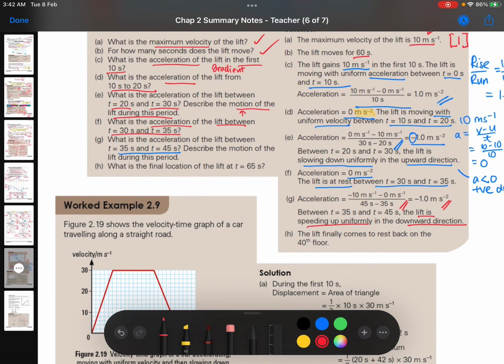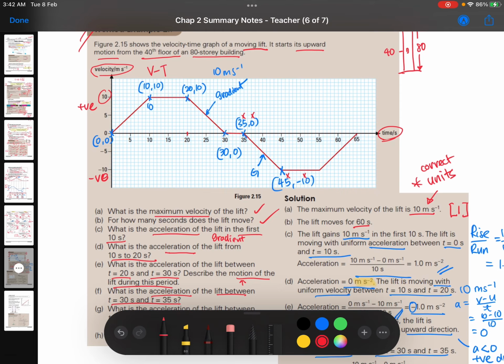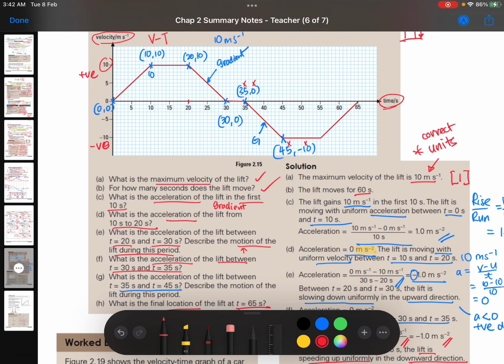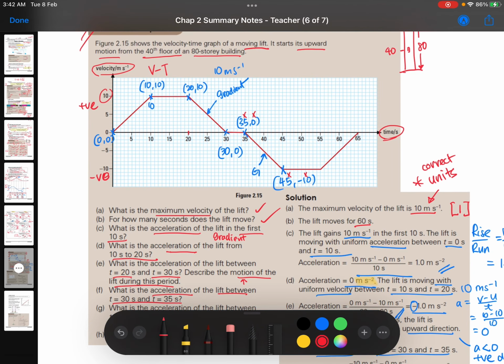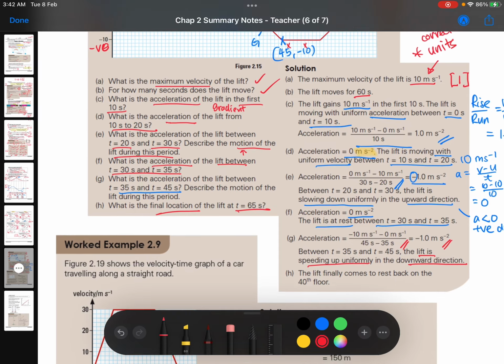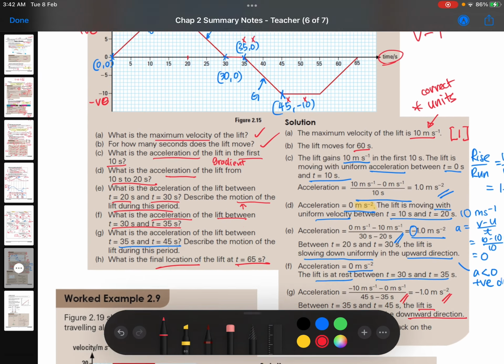Okay, now what is the final location of the lift at t equals 65 seconds? Final location. Now, this is not a distance-time graph but a velocity-time graph. Now I want to ask you what's the final location.